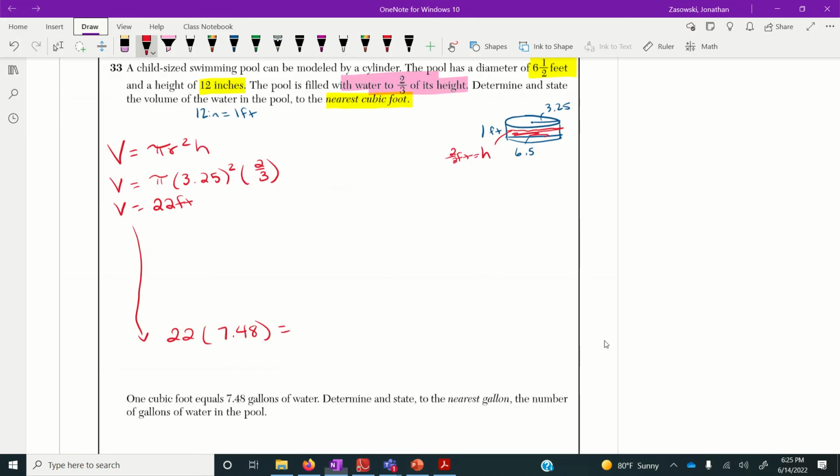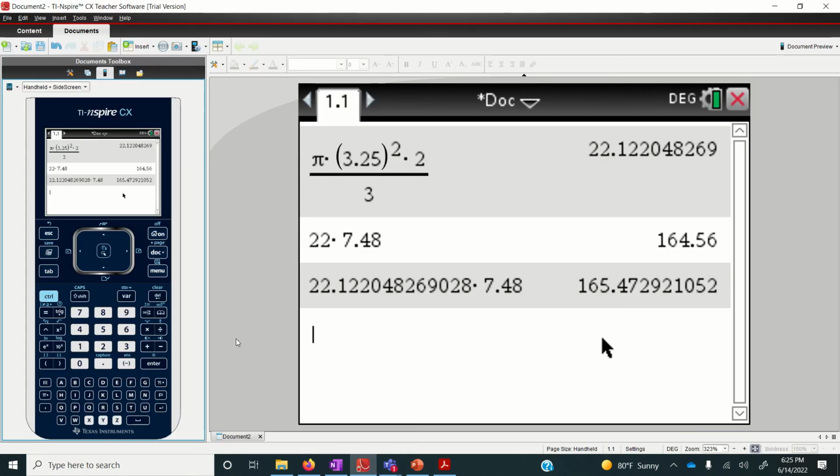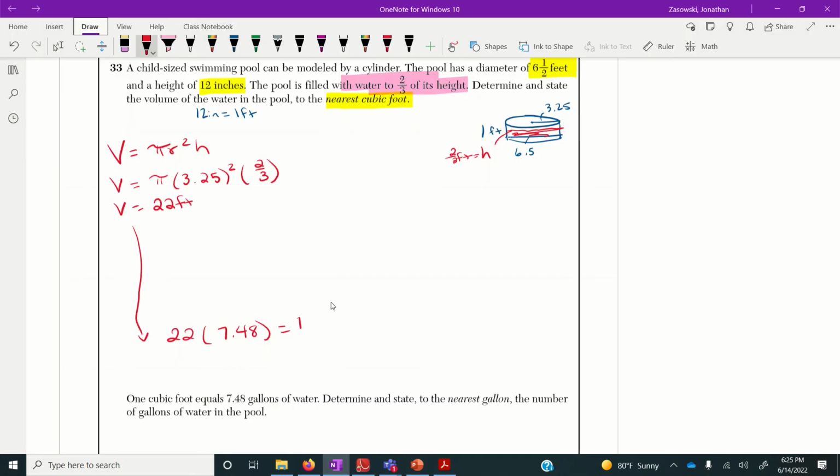Okay, but once they've asked a question and you've answered it, the second part you can use that answer. So this is going to come out to be 165.4 and change. So we just got to make sure we answer though to the nearest gallon. So there's 165 gallons.